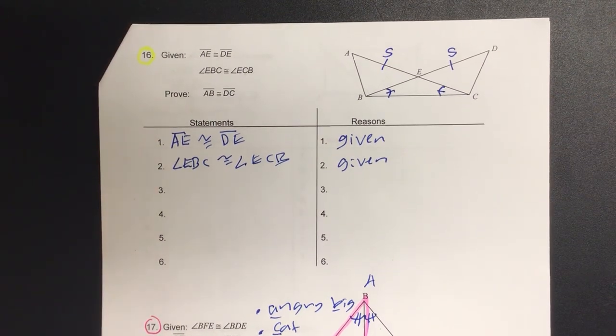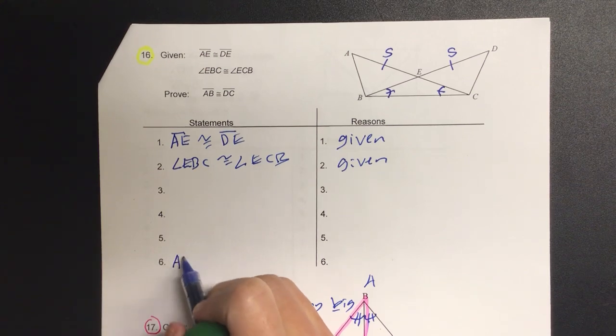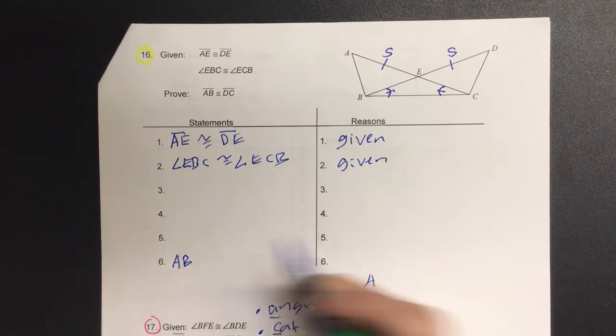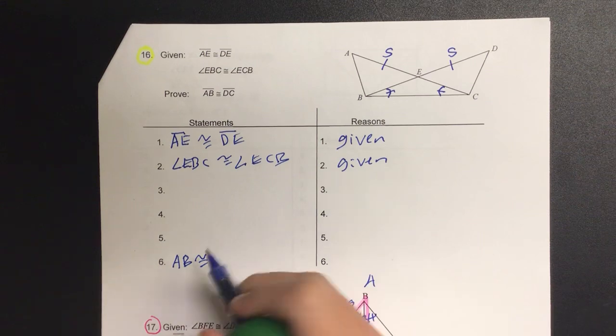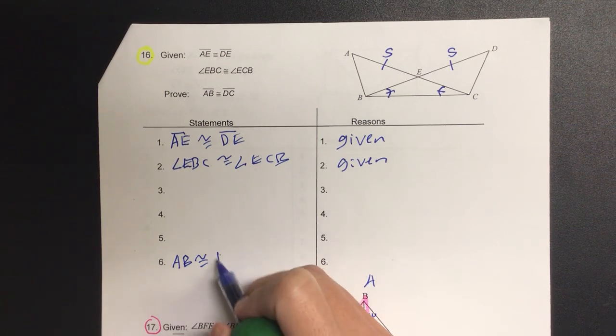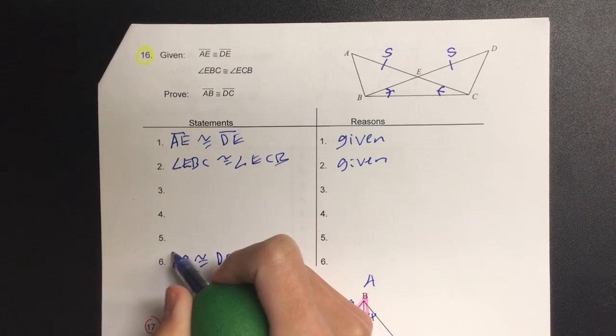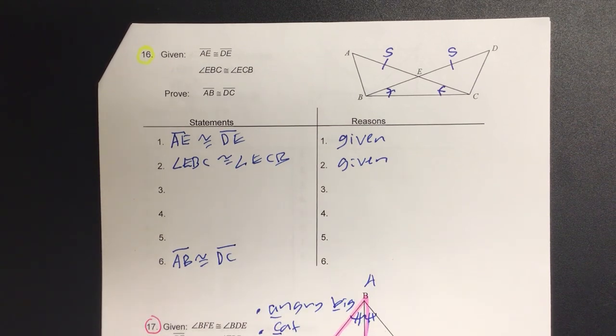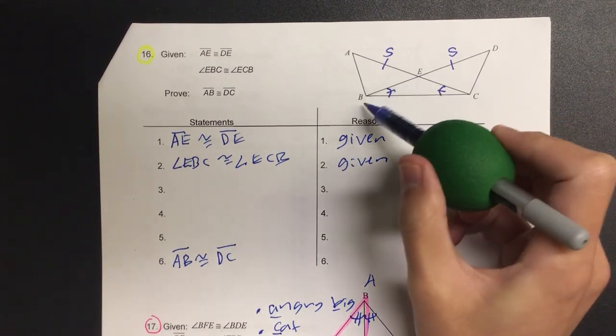So this one's a little bit awkward, because our final goal is to say that AB is congruent to DC. What kind of triangle is this right here?